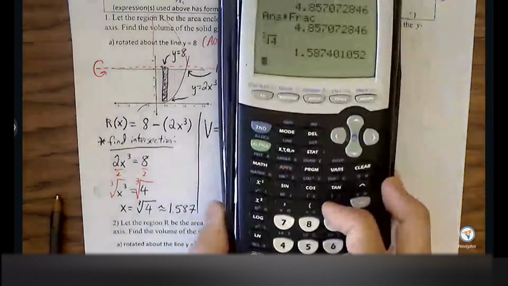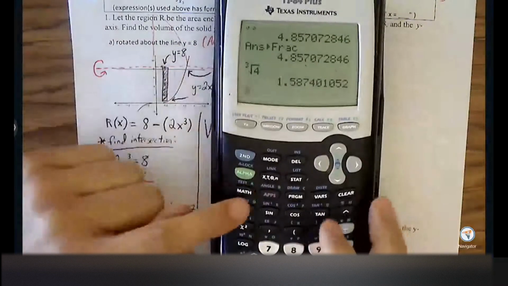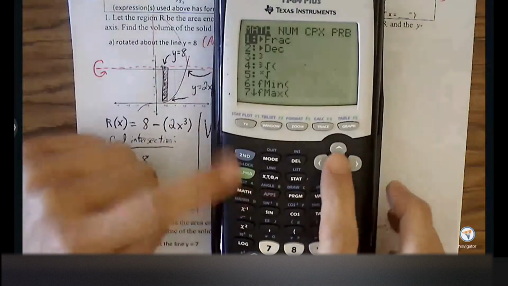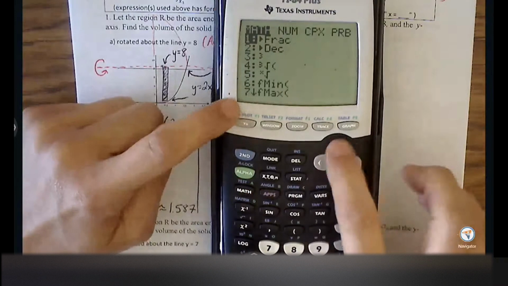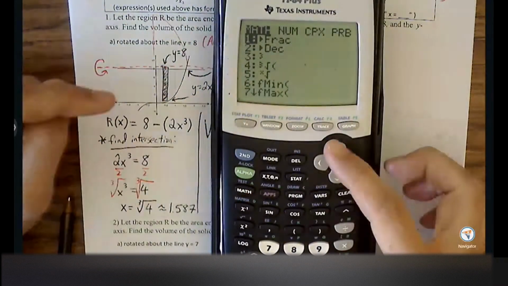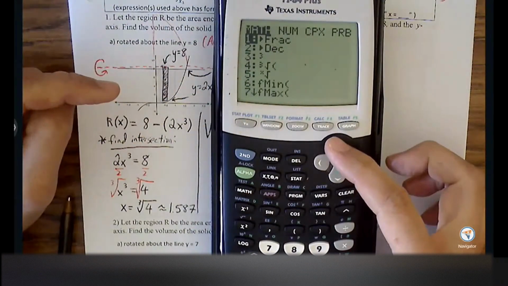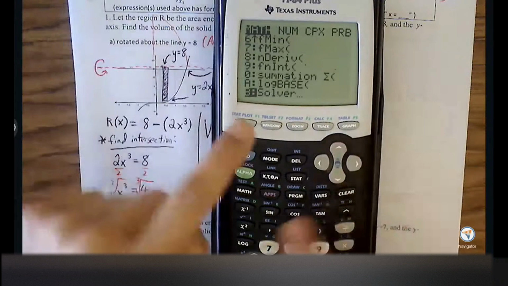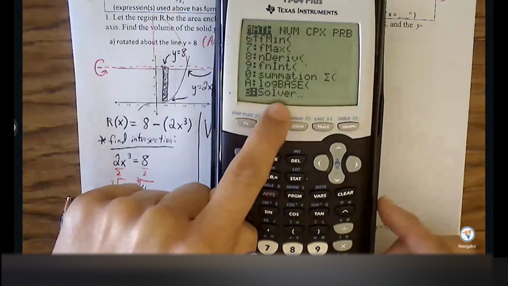On the graphing calculator, there's also something similar to numsolve. If you do math, it's the last option, but if you go up, it's going to go to the bottom of the list. So if you go math and then go up, that'll take you to the very bottom of the list. There's a solver.